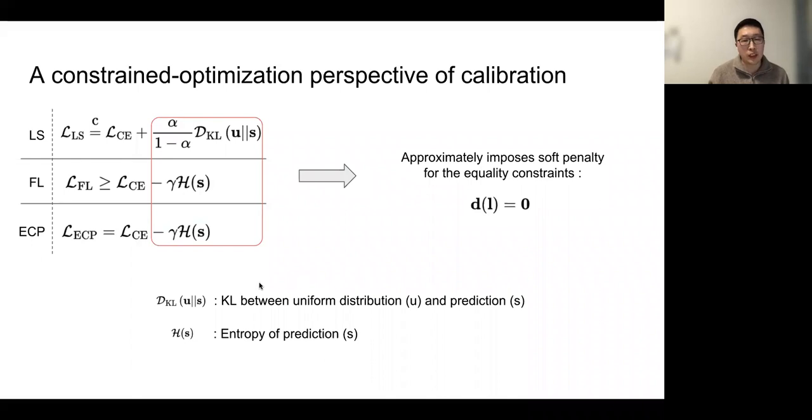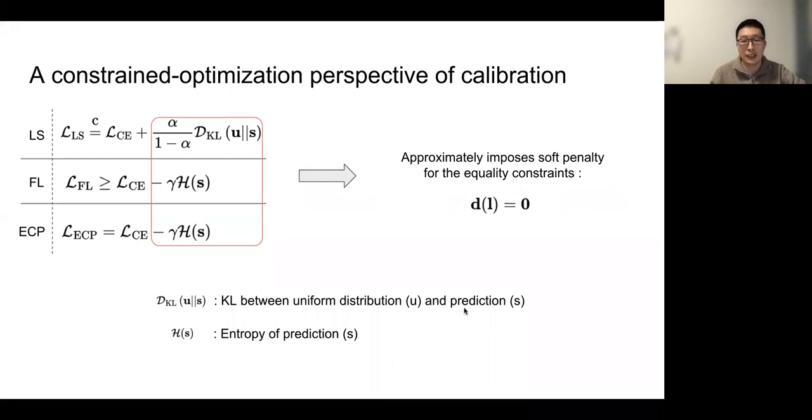So intuitively, let's look at this term. The KL term reaches its minimum when the prediction just matches the uniform distribution, which means that the score for every class is equal to each other.